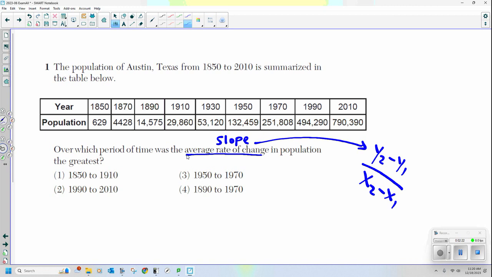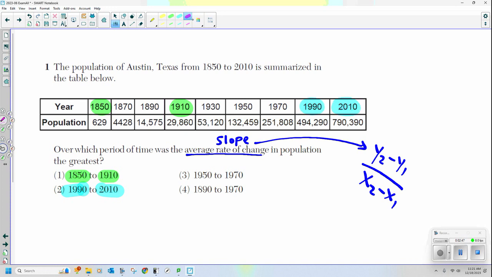But why do I not like this problem? They give us 4 intervals of years, meaning they say from 1850 to 1910. I'm going to have to find the average slope for that. Then they give us from 1990 to 2010. So I'm going to have to go from 1990 to 2010. I think you see what I'm about to say.